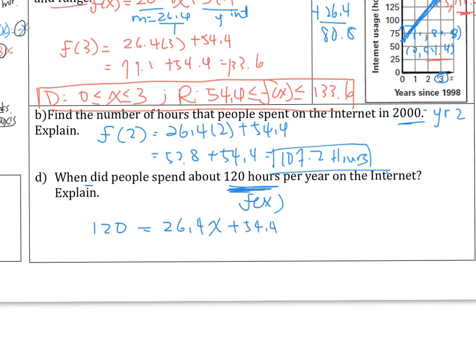Okay, so then we can subtract 54 from both sides. 54.4, sorry. Okay, so 26.4x. Subtract this. We should get 65.6.